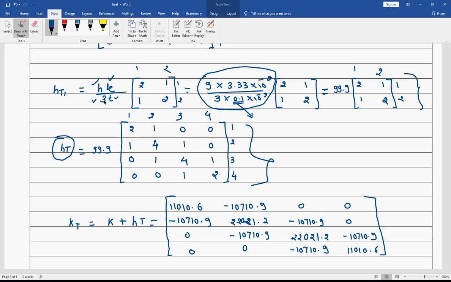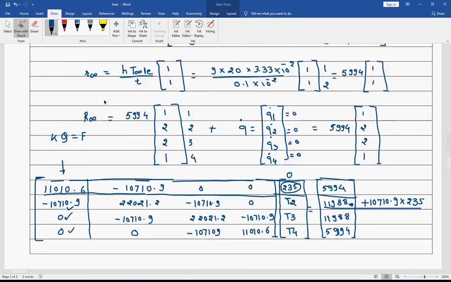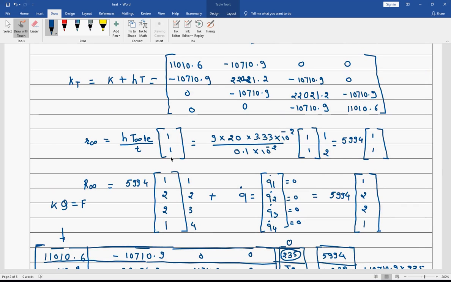The dimensional values of all the elements are the same, and the property, that is overall heat transfer coefficient, is also the same, so it is not going to change. Okay, and of course the load also remains the same, because the ambient condition on each and every element is the same.